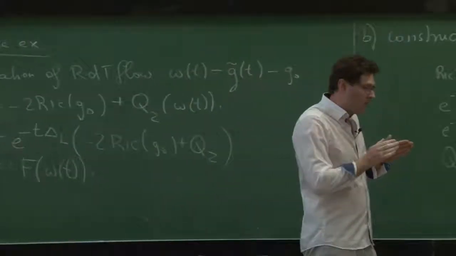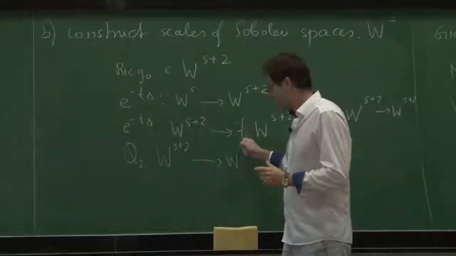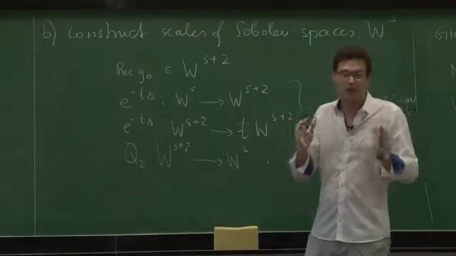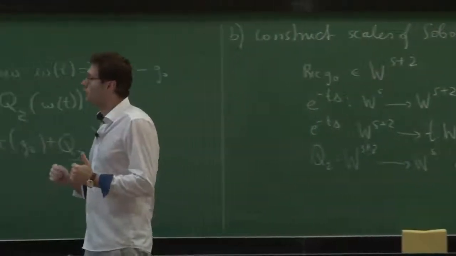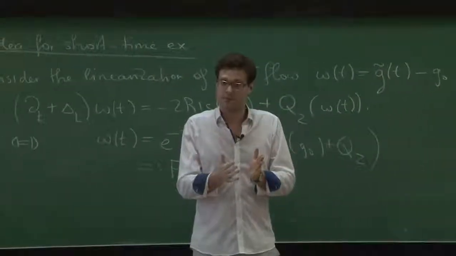The contraction property requires us to take time small to make certain elements small to make the contraction property work, and therefore you don't have an existence for all times, but only for short times.